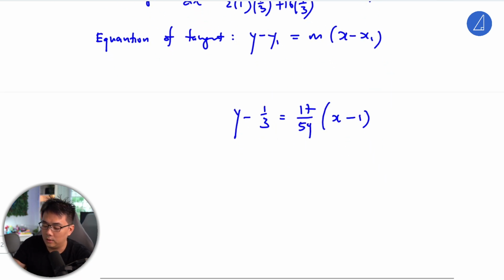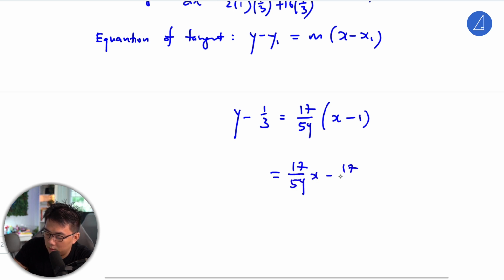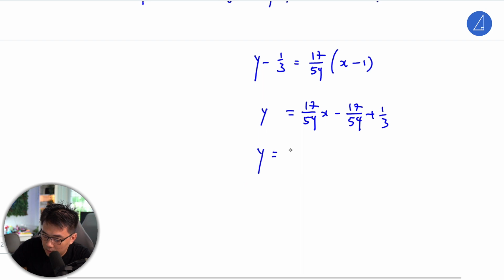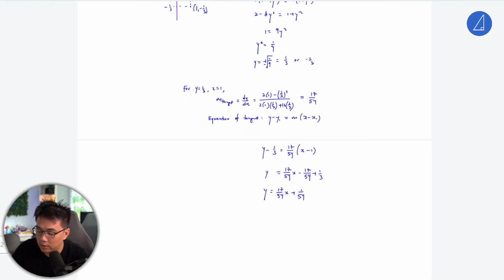So just manipulate this. This is the equation of tangent here: 17 over 54 plus a third. So I got this equation here: y equals 17 over 54 x plus 1 over 54. This is the first equation of tangent.